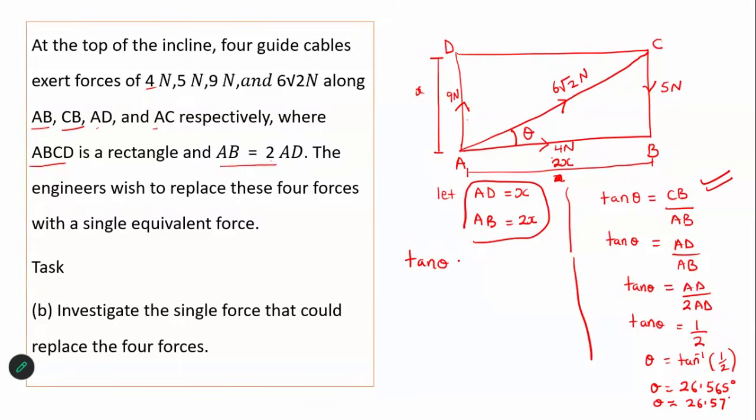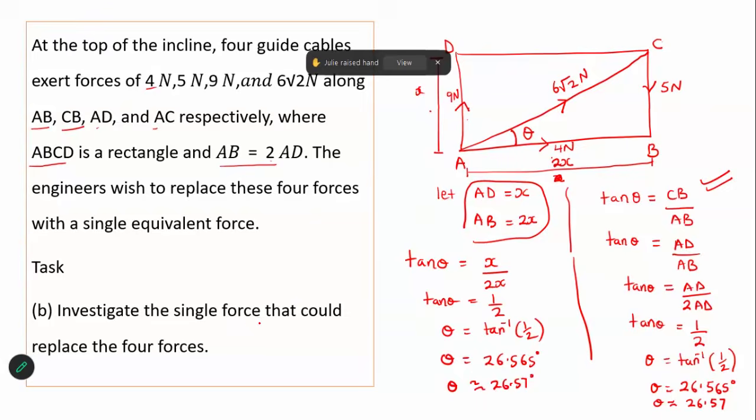You say tan theta is equal to my opposite, which we have called x, divided by the adjacent, which is 2x. So the x cancels, and we still remain with tan theta equaling a half, therefore theta equals tan inverse of a half. So tan inverse of a half still gives you 26.565 degrees, and to 2 decimal places, it becomes that.